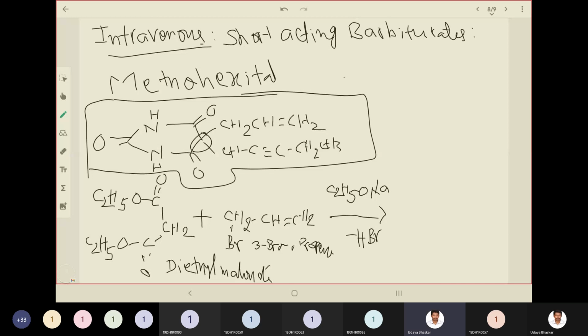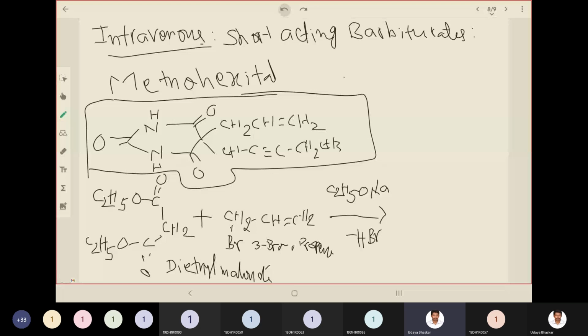After making this moiety ready, we are taking N-methyl urea so that we can get this moiety. The N-methyl urea gets fused to the malonic ester moiety and they cyclize in order to form methohexital.